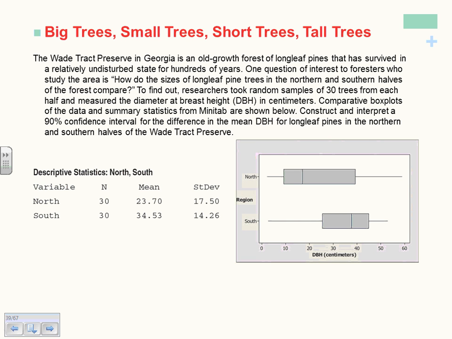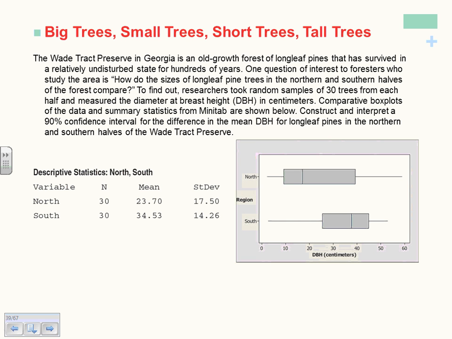To find out, researchers took a random sample of 30 trees from each half and measured the diameter at breast height in centimeters. Comparative box plots of the data and summary statistics from Minitab are shown below. Construct and interpret a 90% confidence interval for the difference in the mean of the DBH for longleaf pines in the northern and southern halves of the Wade Tract Preserve.